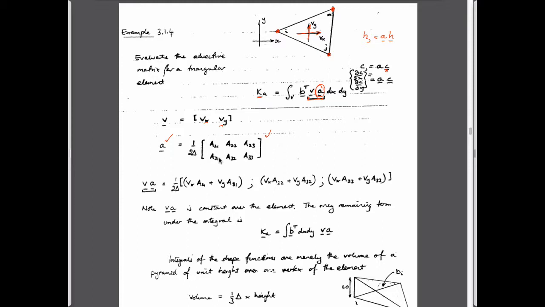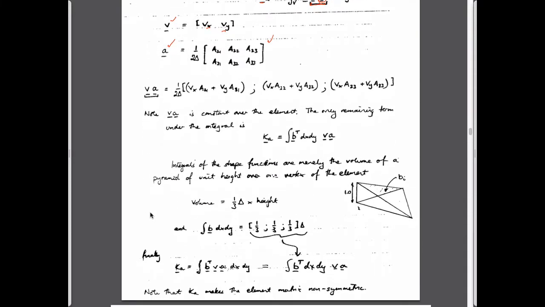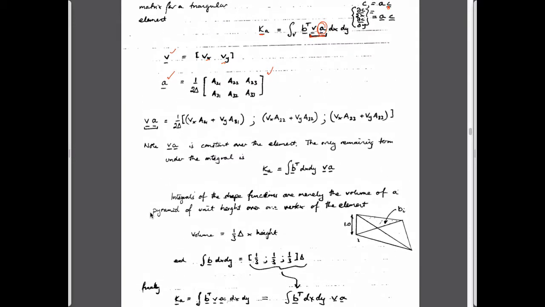We know that these values are nodal coordinates, so both of these matrices are matrices of constants. They don't vary with space within the element. And so the product of those two is also a matrix or a vector of constants as well. And so with that, the only term that we have to figure out is what this multiplier is.